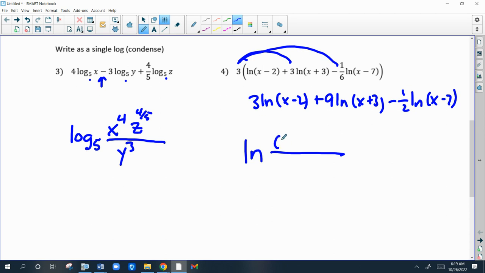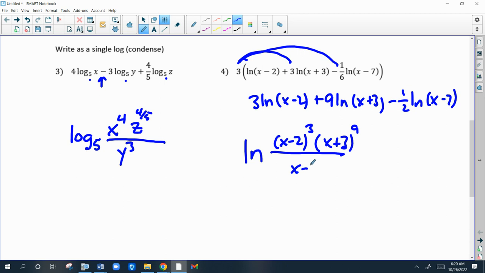So we have x minus 2, and that gets raised to the third. The x plus 3 also goes up top because it's positive. So times x plus 3 to the ninth. And finally, the x minus 7, since it's a minus log, will go on the bottom.